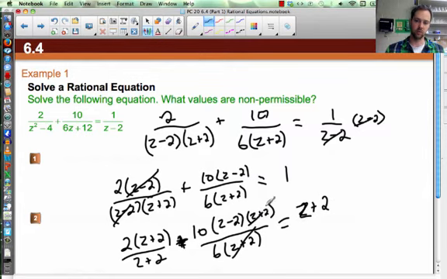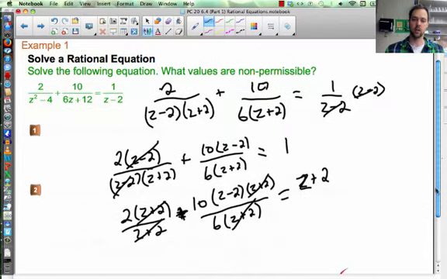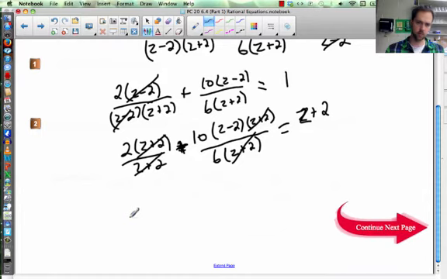So the z plus 2 will cancel here, the z plus 2 will cancel here. Now we're starting to get something that will look a lot simpler.